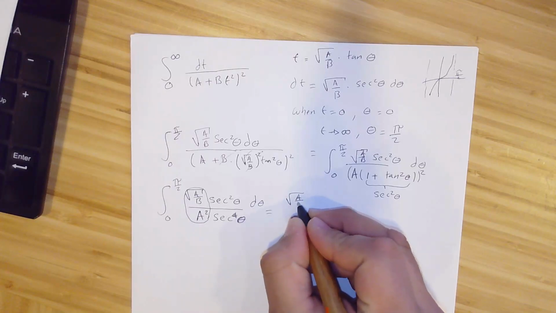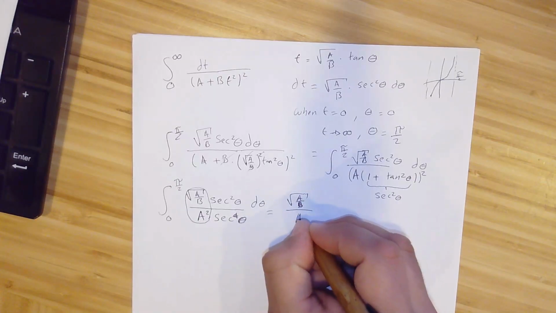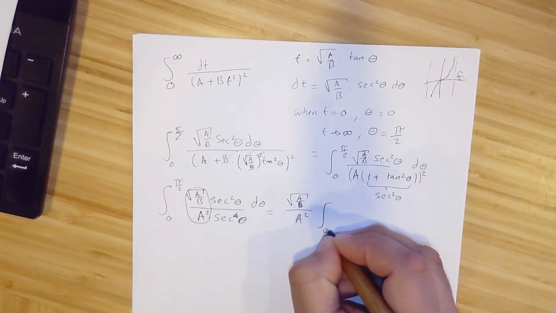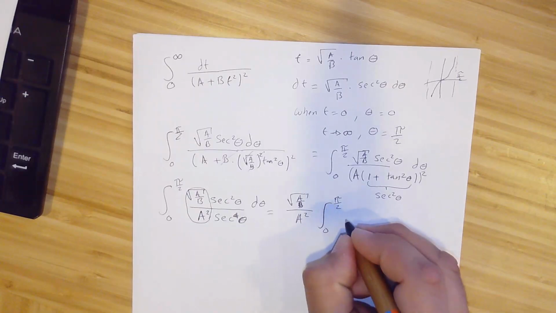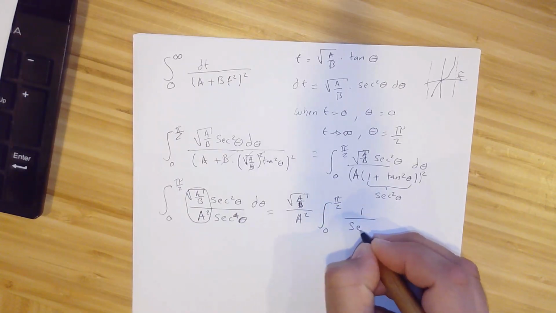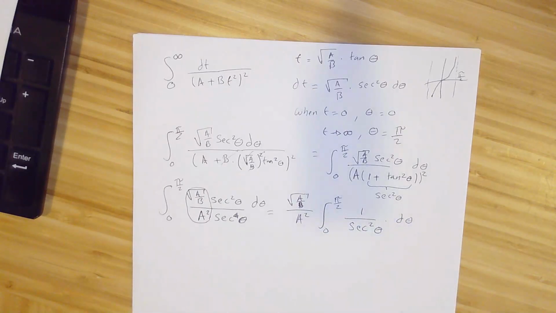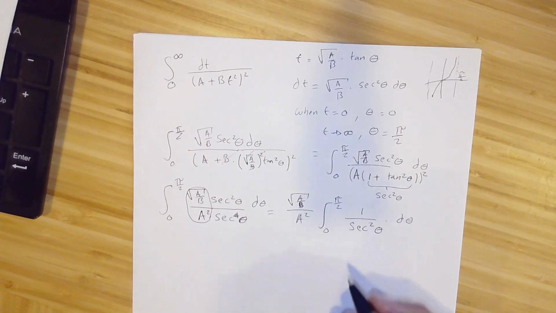So we have square root of a over b, over a squared, the integral from 0 to pi over 2 of 1 over secant squared of theta multiplied by the derivative of theta. But this is also again a trigonometric identity. Actually, it's not a Pythagorean identity. It's just by definition, the secant is the inverse of the cosine.